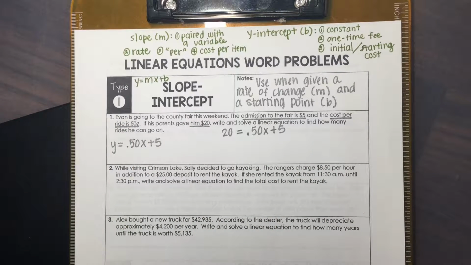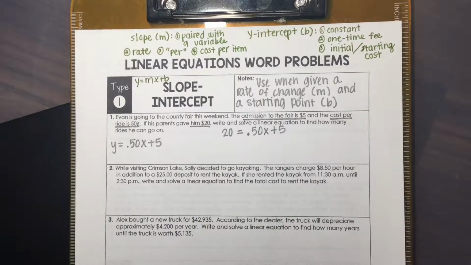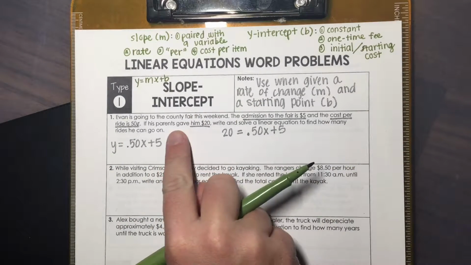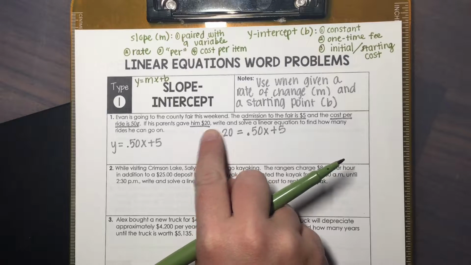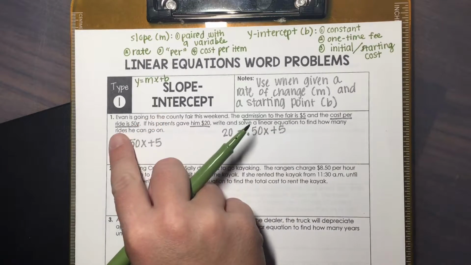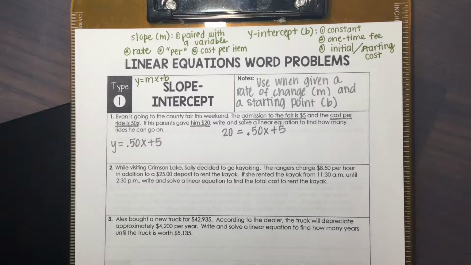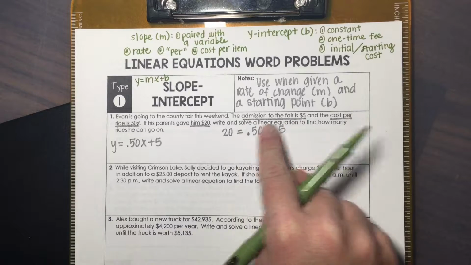It says, Evan is going to the county fair this weekend. The admission to the fair is $5, and the cost per ride is 50 cents. If his parents gave him $20, write and solve a linear equation to find how many rides he can go on. I see an initial fee.